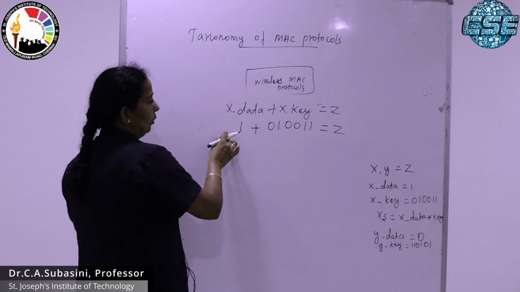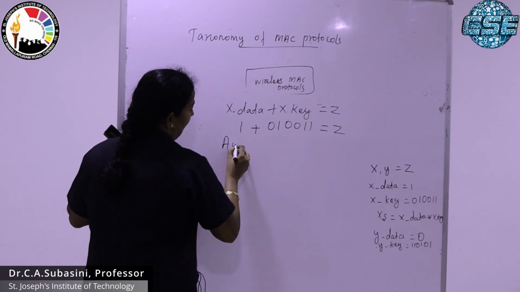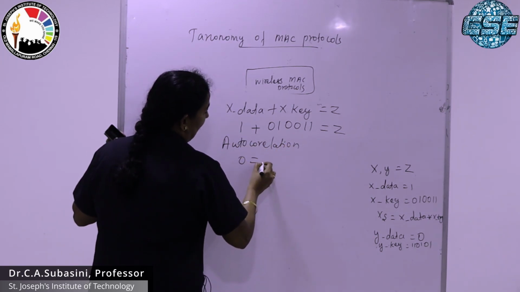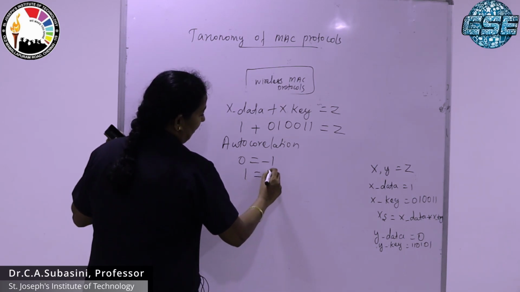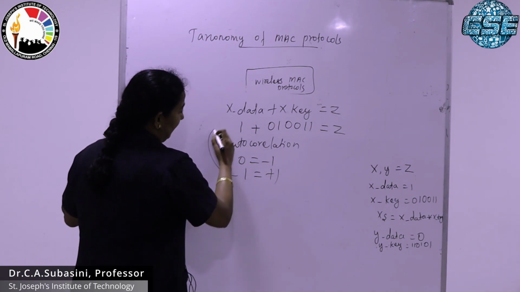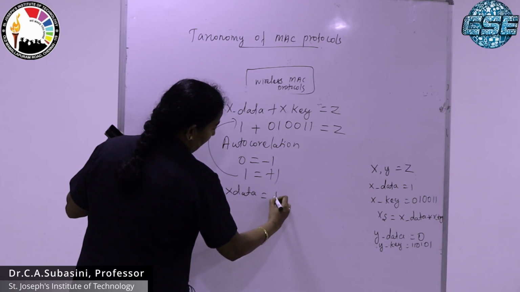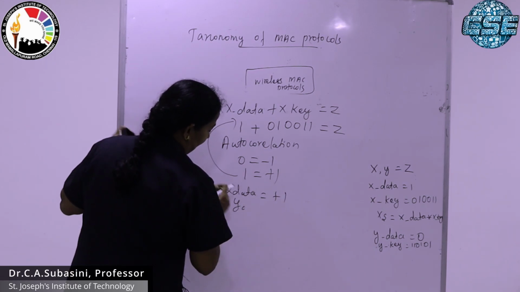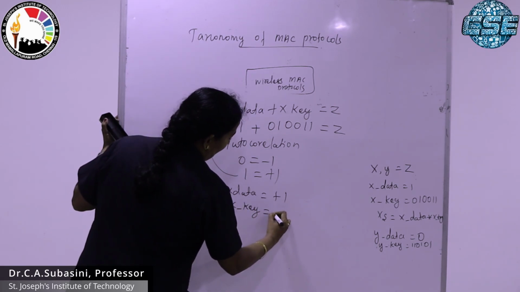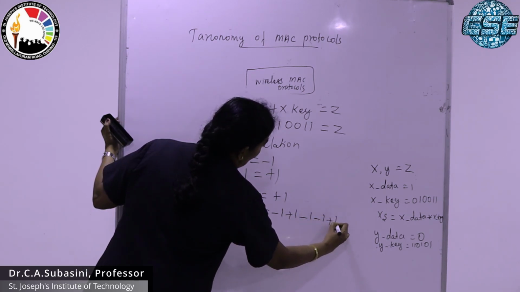For example, we will apply the autocorrelation technique. In autocorrelation, 0 is treated as minus 1 and 1 is treated as plus 1. So for X data, it will be plus 1, and the X key becomes minus 1, plus 1, minus 1, minus 1, plus 1 and plus 1.